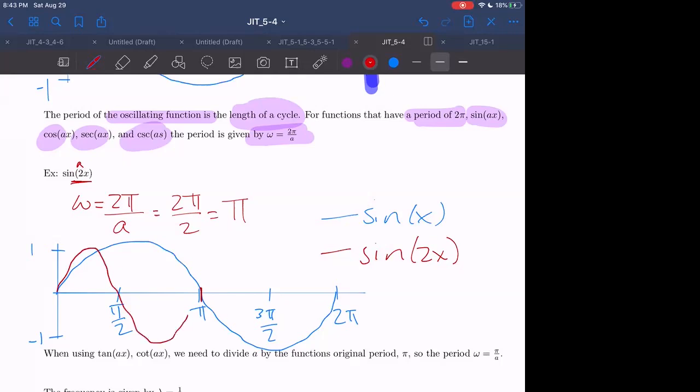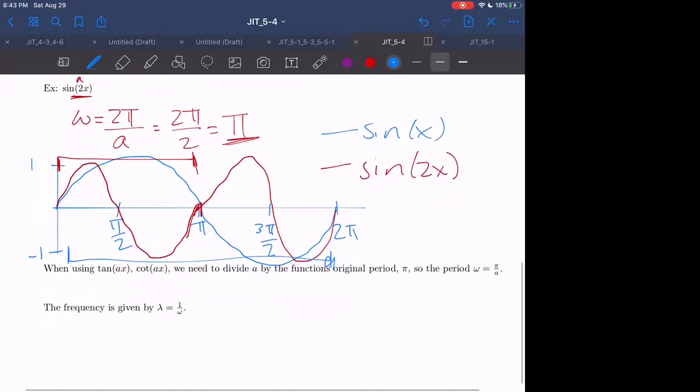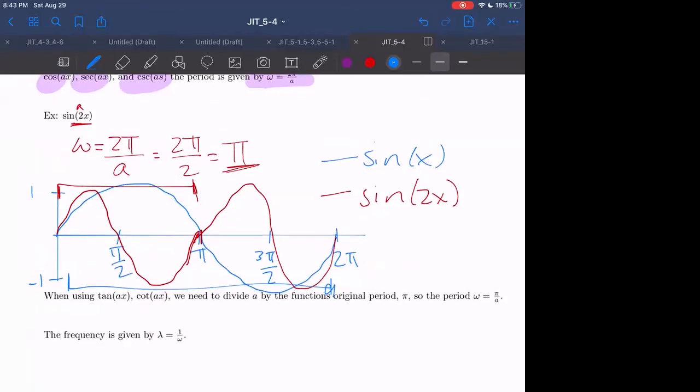So my graph will look like this, and we can see our period is pi, because after pi, it would then repeat one more time. Whereas our regular sine graph took from 0 all the way to 2 pi to repeat once.